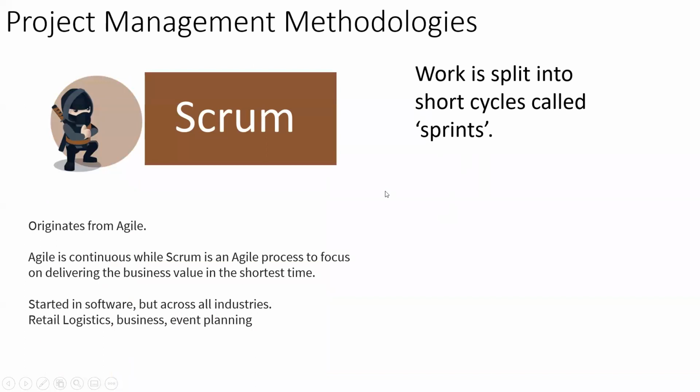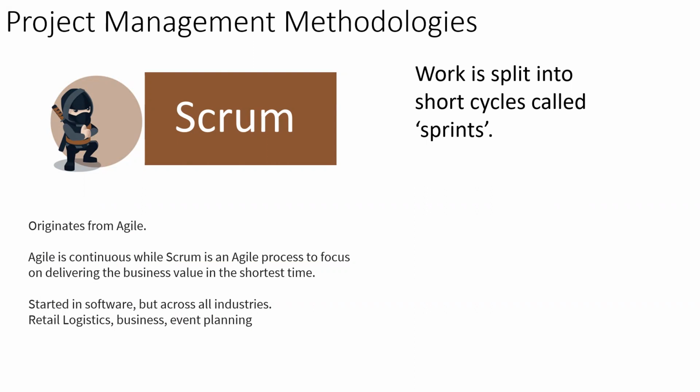Okay, so Scrum originates from Agile, and it's quite popular at the moment as well, for good reason. So there is a lot of information about this on the internet as well. So I do encourage you to do a Google and just learn and understand it a bit more.